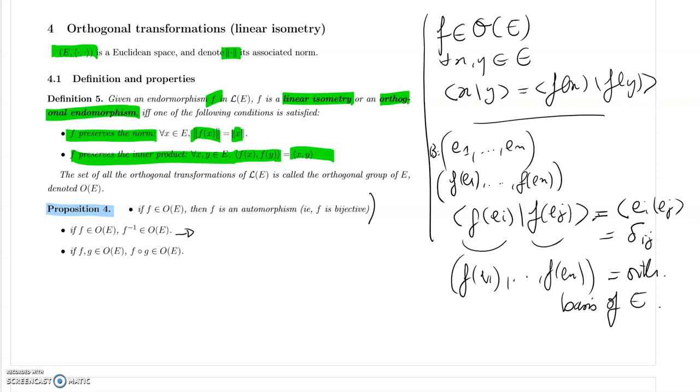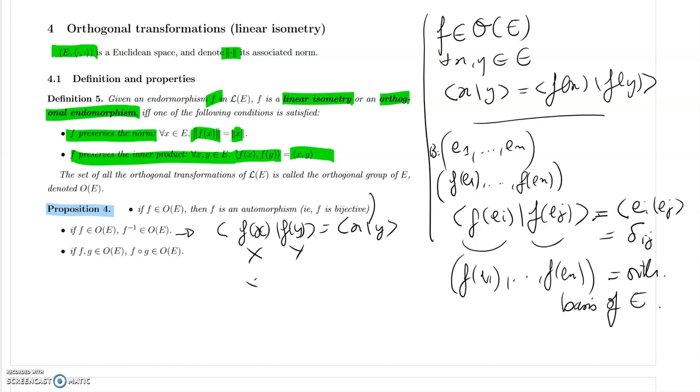Second point, if f is an orthogonal transformation, then its inverse, which we now know exists, is also an orthogonal transformation. So start by writing again the definition: ⟨f(x), f(y)⟩ is equal to ⟨x, y⟩. Now put capital X equal to f(x) and capital Y equal to f(y).